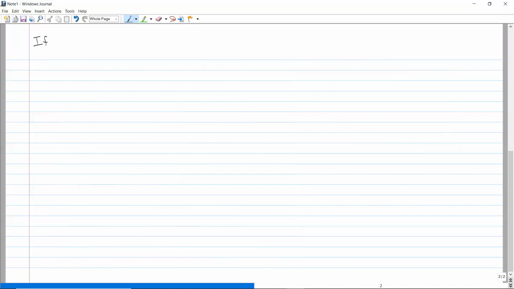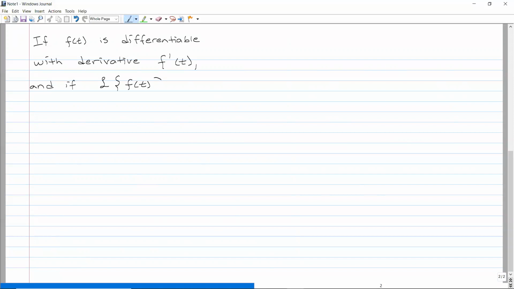If the function f of t is differentiable with derivative f prime of t, and if we know the Laplace transform of our function f of t, remember we denote this by capital F of s, what is the Laplace transform of the derivative?